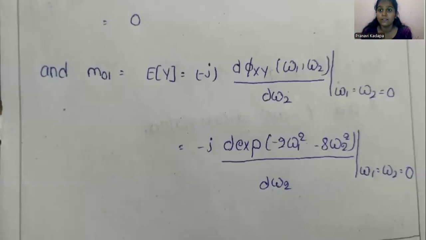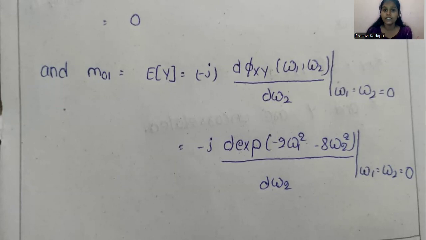And m01 is also a first moment. Expectation of Y equals minus j into the differentiation of phi X,Y of omega 1, omega 2 by d omega 2 when omega 1 and omega 2 equal 0. Then minus j d of exponential of minus 2 omega 1 squared minus 8 omega 2 squared by d omega 2, where omega 1 equals omega 2 equals 0.